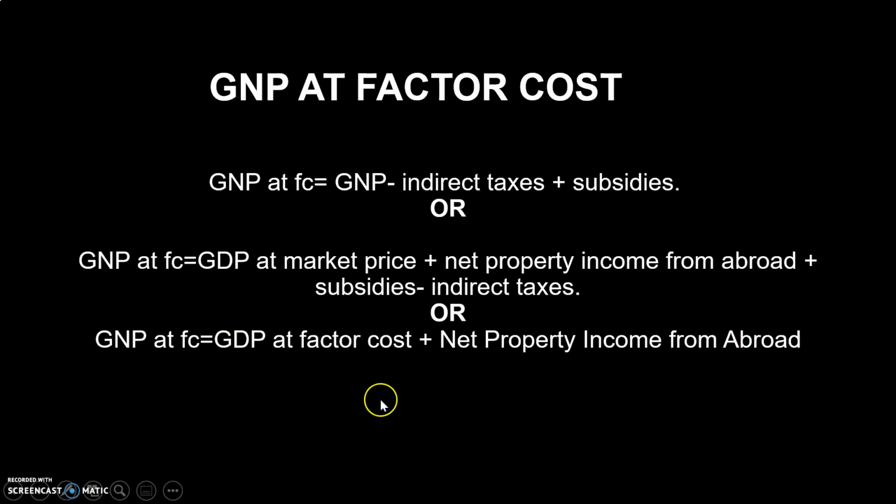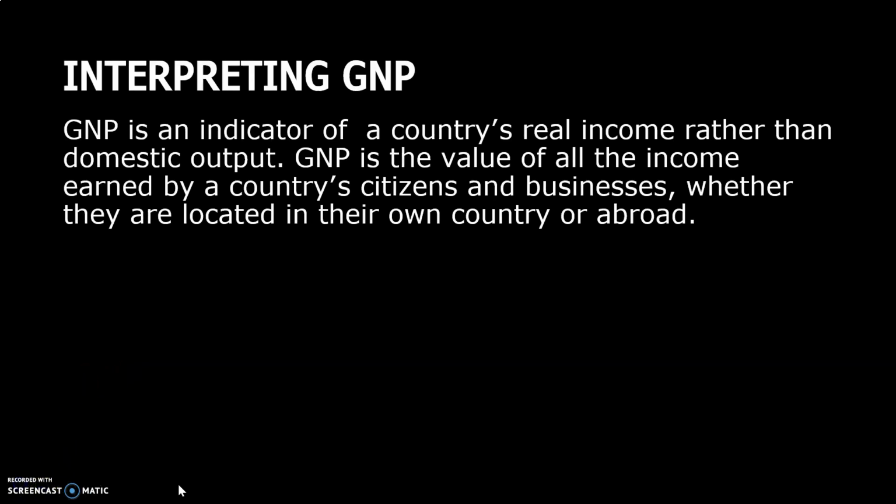Remember, the GDP at factor cost would have already accounted for the influence of indirect taxes and subsidies. So just adding the net property income from abroad is what would give you the GNP. So as mentioned before, GNP is really an indicator of real income rather than that of domestic output.